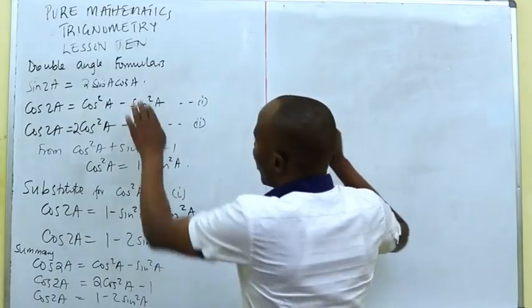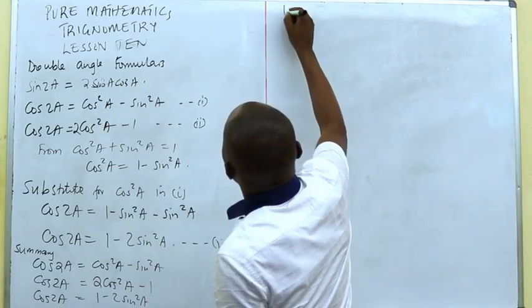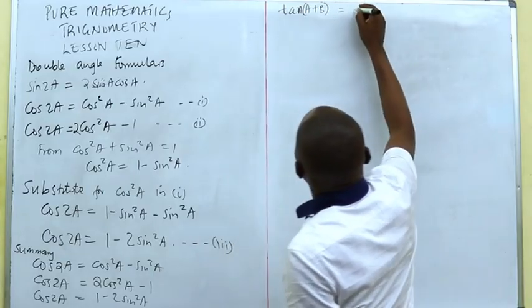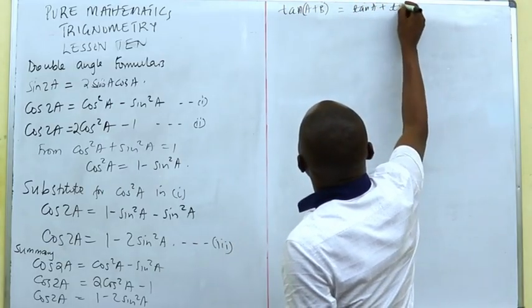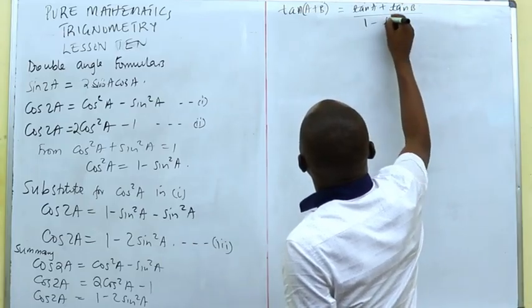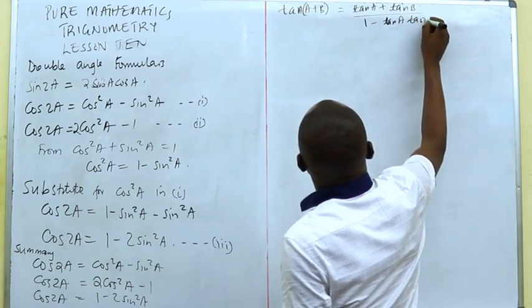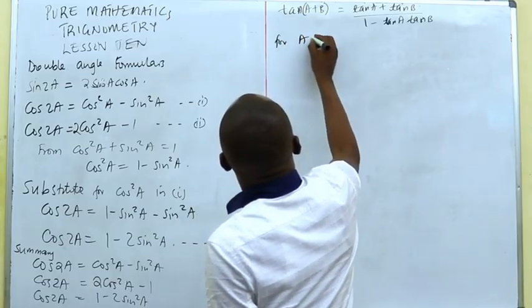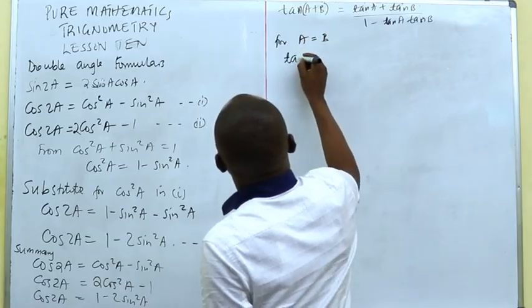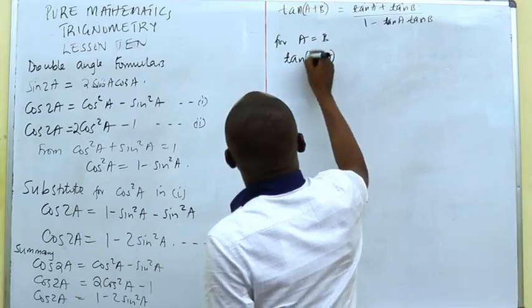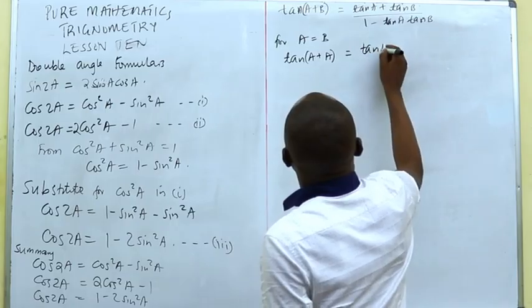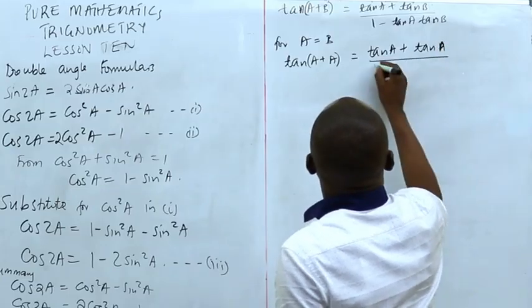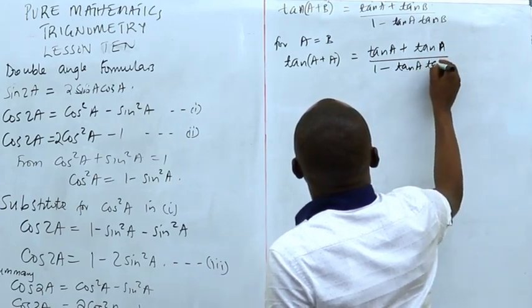Now, we have sine, we have cos. How about tan? From tan of a plus b, we saw that this is tan a plus tan b over 1 minus tan a tan b. So for a equal to b, we have tan of a plus a equal to tan a plus tan a over 1 minus tan a tan a.